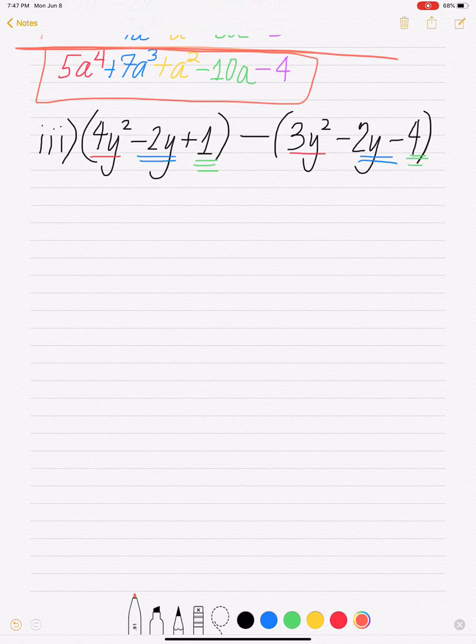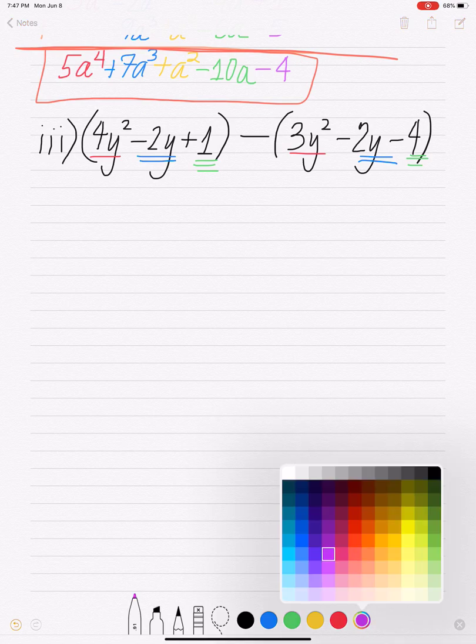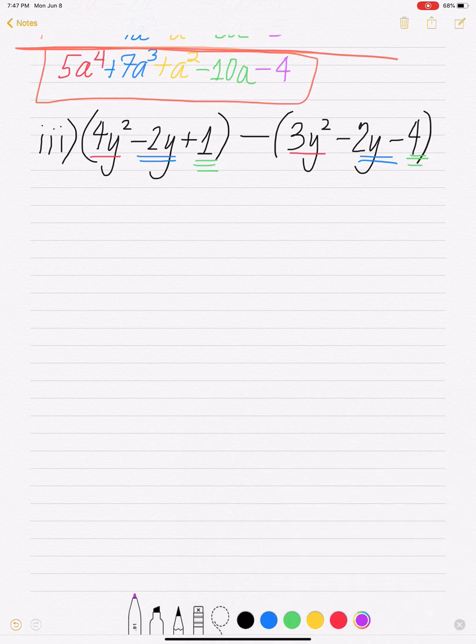Now, notice that we have this big old minus sign. So what I'm going to do, I'm going to change that minus right here. You see this minus? There we go, it's turned purple. I'm going to change that to a plus, and I'm going to change the sign of everything in the second parentheses. So I'm going to make this a minus 3y squared.